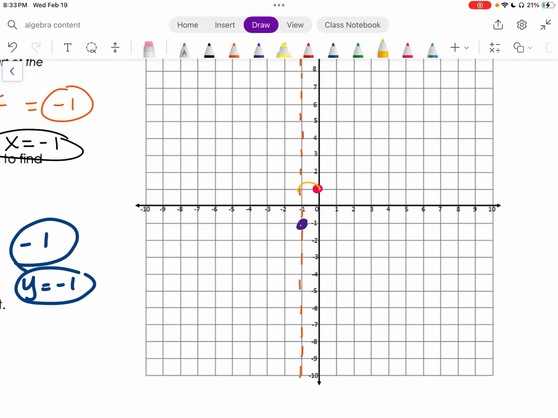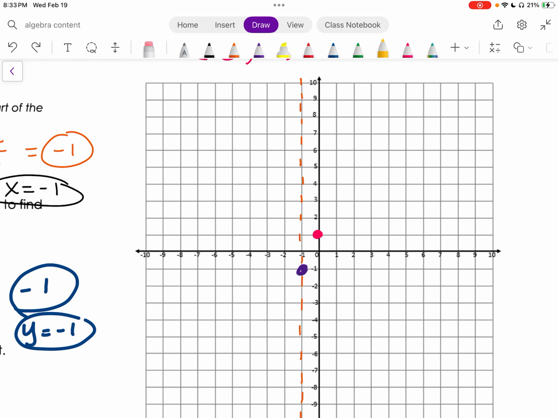So in order for us to have symmetry, we're going to go the same amount of units, but in the opposite direction. So again, if we're looking at our y-intercept and we count how far that is from the axis of symmetry, that's 1 unit. So to make sure that we're matching that from the axis of symmetry, we're also going to hop over 1 unit. So the next point that we're going to have is going to be -2, comma, +1.